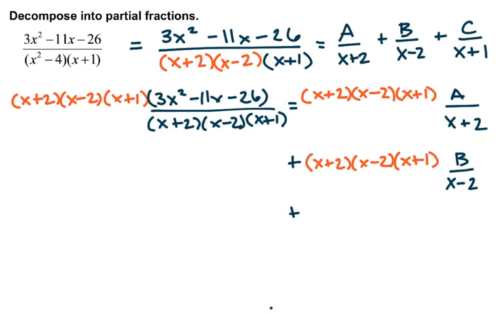And then the third term on the right, x plus 2, x minus 2, x plus 1 times C over x plus 1.